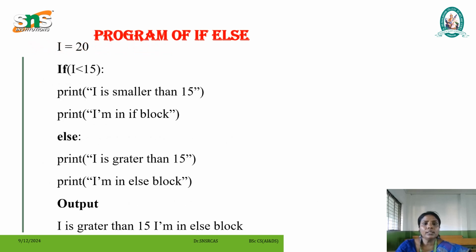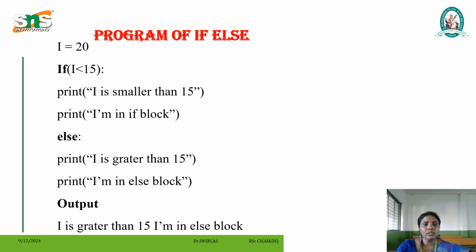Here we see an example program for the if else statement. In the same program, i is the variable and 20 is the value. In the if part we check the condition, the test expression i less than 15, so it takes 20 less than 15.